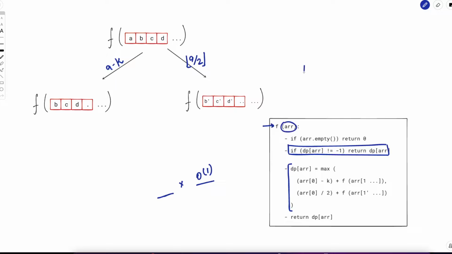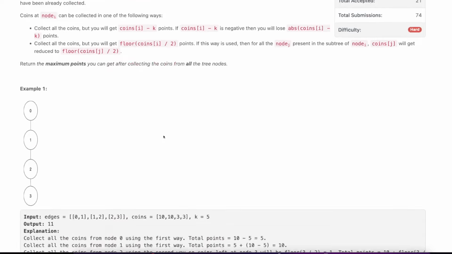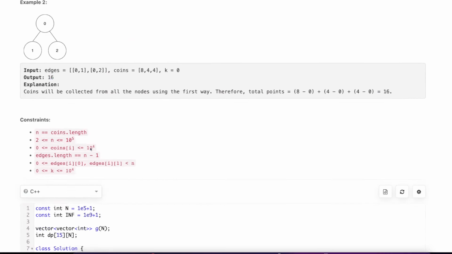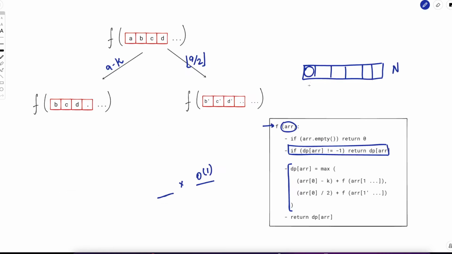value can be. So the max size of the array is n, right? For each element, what will be the value of each of these elements? This element's value can be anywhere between 0 and 10 to the power 4.